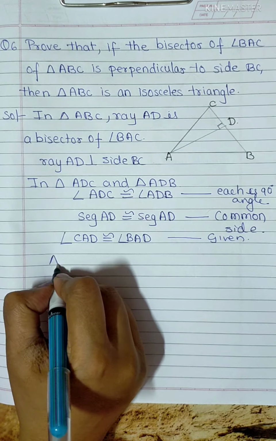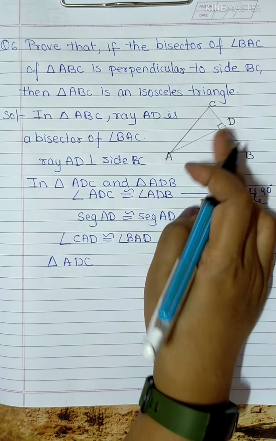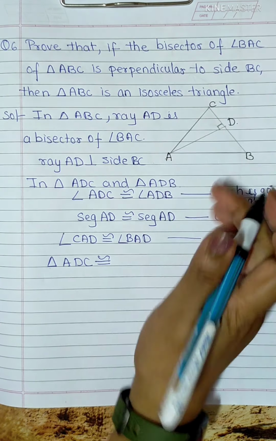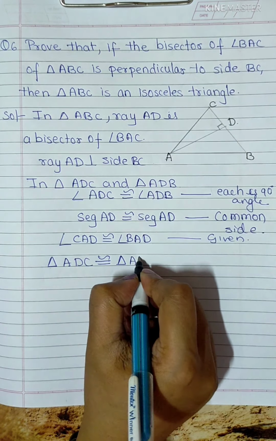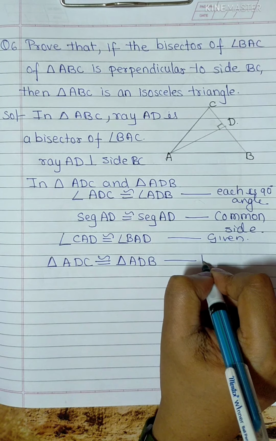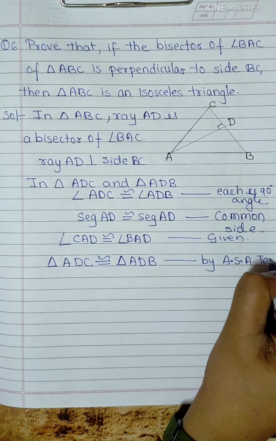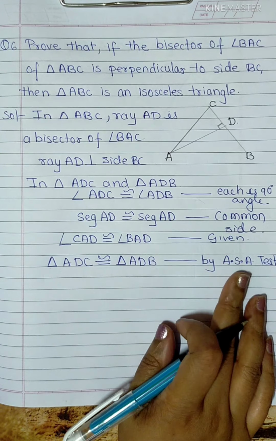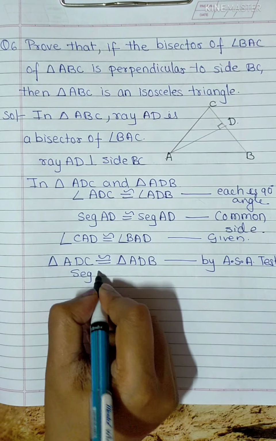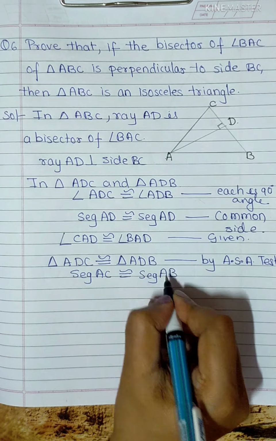Now here triangle ADC is congruent to triangle ADB. Reason is by ASA test, angle side angle test. Now here segment AC is congruent to segment AB.